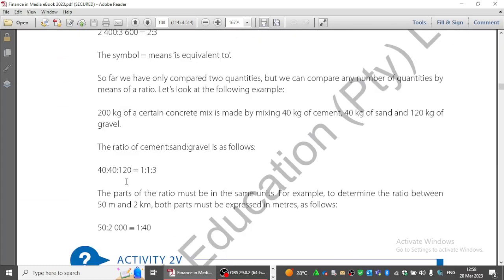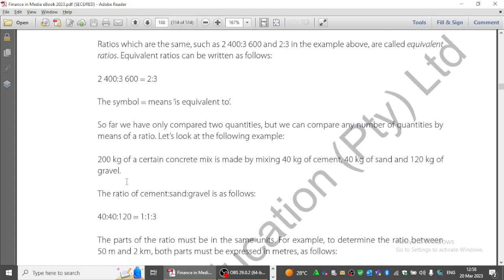So they are continuing to give explanation, to say let's take a look at the following. So far we have compared two quantities, but you can compare any number of quantities by means of ratio. So let's take a look at the following example. 200 kg of a certain concrete mix is made by mixing 40 kg cement, 40 kg sand, 120 kg of gravel.